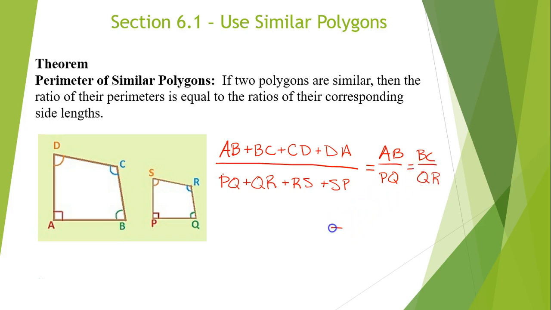And then that's the same as CD over RS. And again, that's the same as DA over SP. So just pointing this out, the ratio of the perimeters is equal to the ratio of the corresponding side lengths, which is the scale factor of similar polygons.